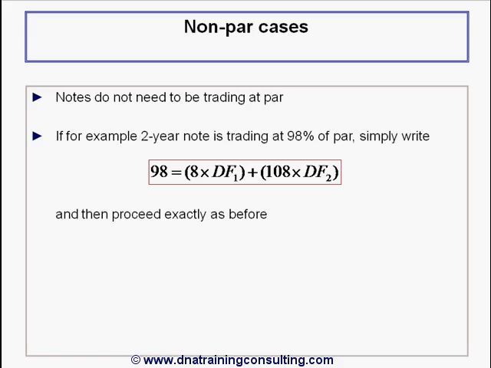The second 100, which appears in the final cash flows numerator, always remains 100, of course, since this refers to the face value of the note.